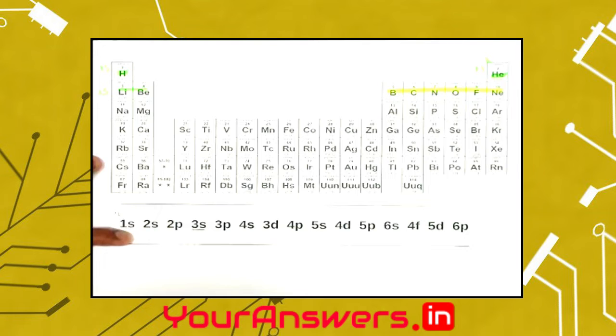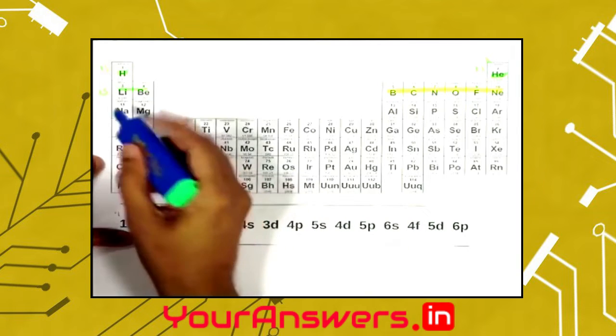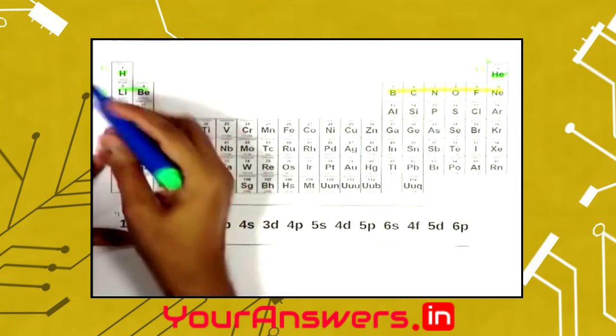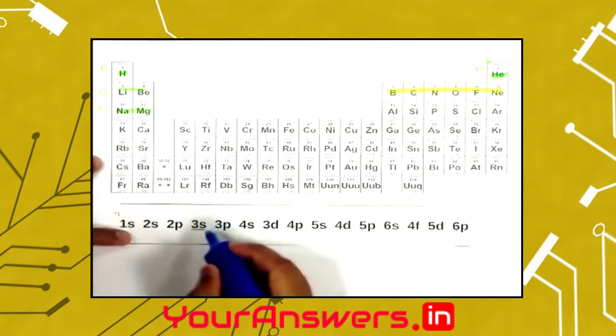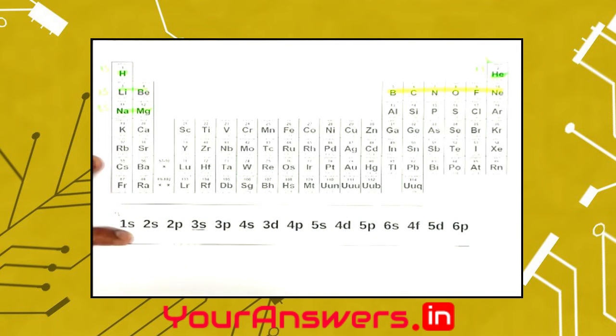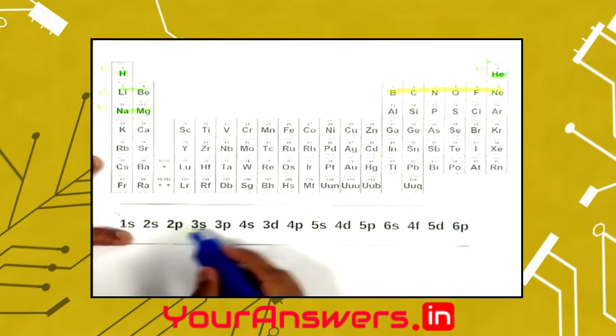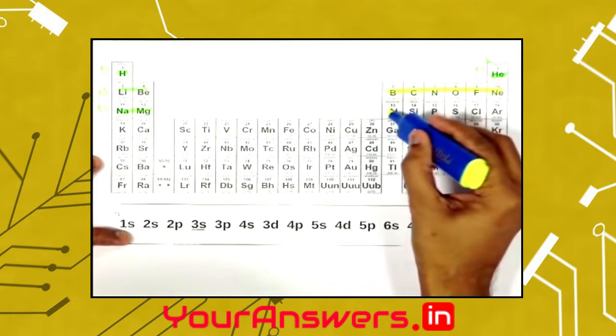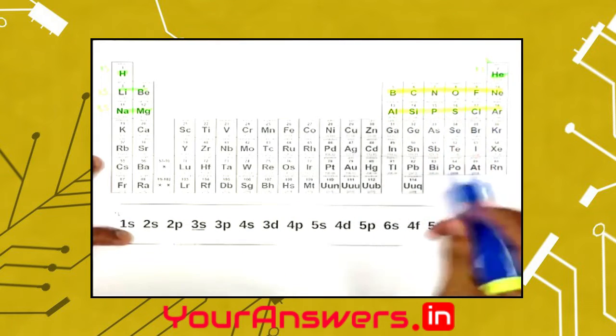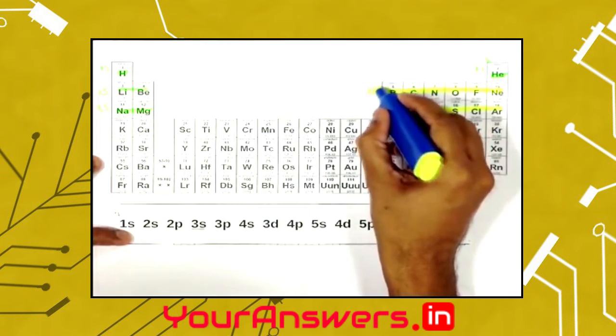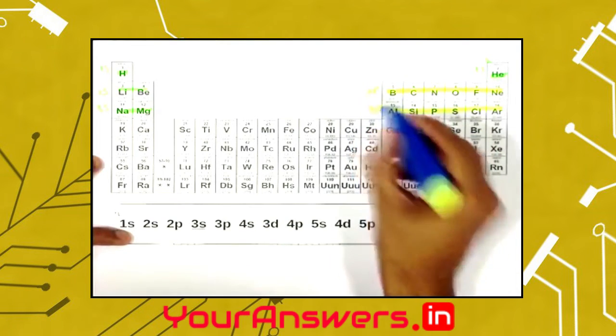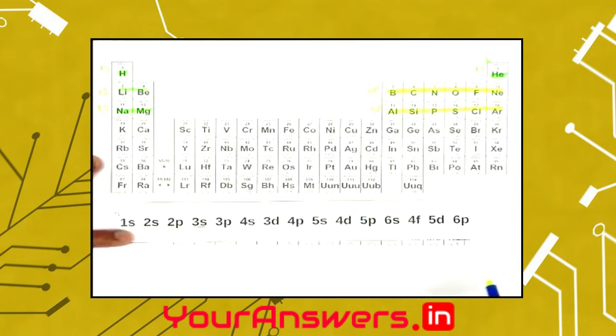When I start coming to sodium, which has 11, you already saw that I have to start filling 3s, and when I finish magnesium, 3s is finished. Then starting from aluminum to argon, so in this case I filled 2p, and for aluminum I am filling 3p.